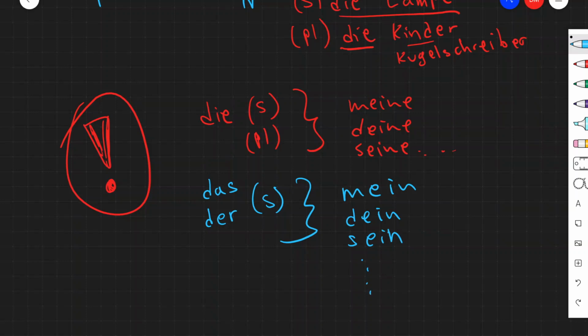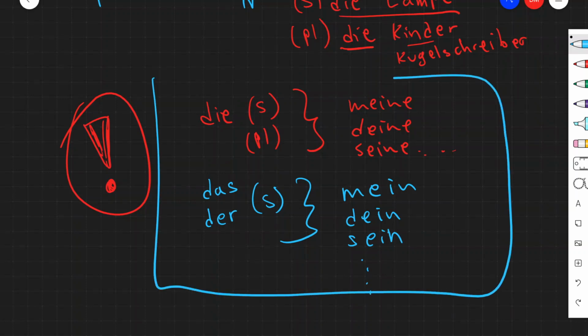So this is the general rule that you have to follow in order to not make mistakes with the possessive pronouns in German.